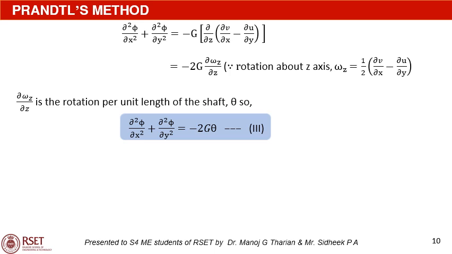Now ∂omega z/∂z is the rotation per unit length of the shaft, which is theta. So we have ∂²φ/∂x² + ∂²φ/∂y² = −2Gθ. Thus, the constant term F in equation 3 is −2Gθ.